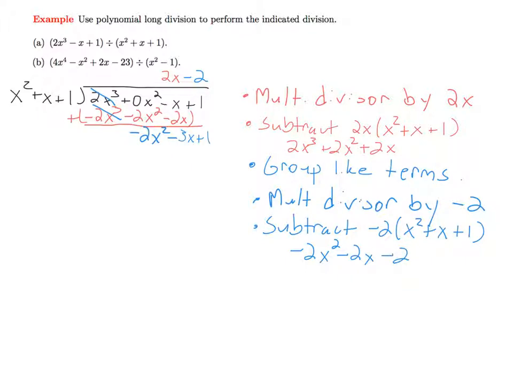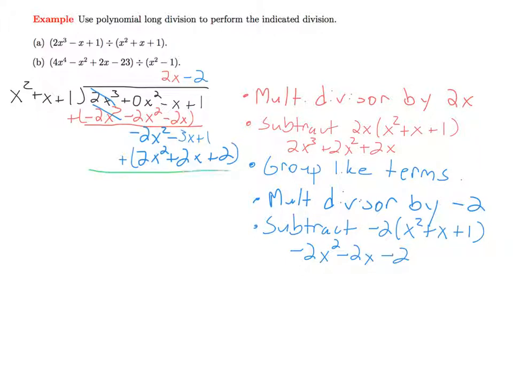So that means I'm going to be adding 2x squared plus 2x plus 2. Okay, and so when I subtract this, it's the same thing as adding minus 1 times this. And so that's why we get all these sign changes here.